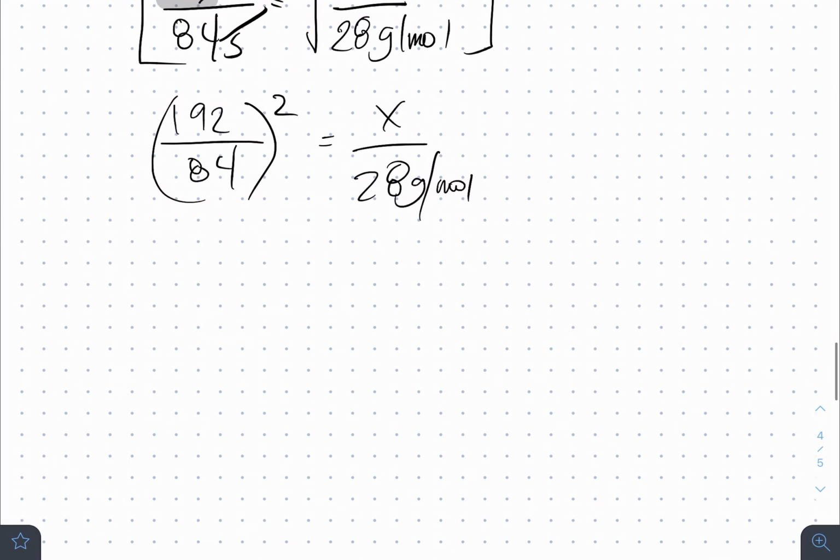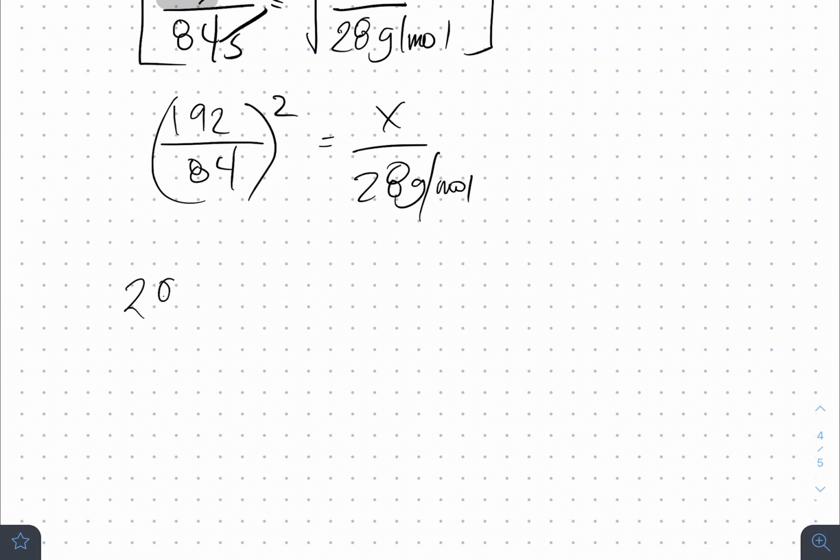Solving for x, this will be 28 grams per mole multiplied by 192 over 84, which is 2.28, squared.